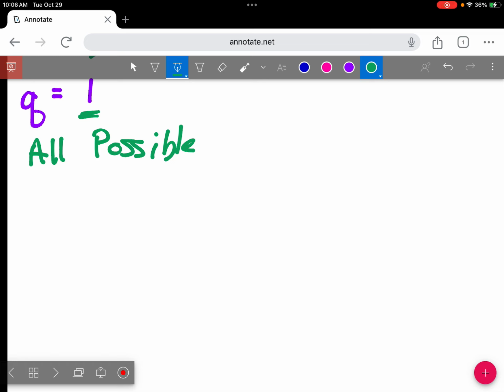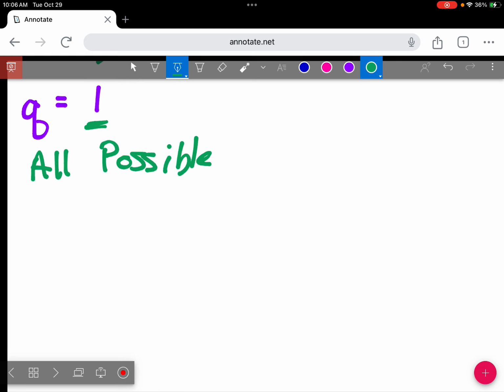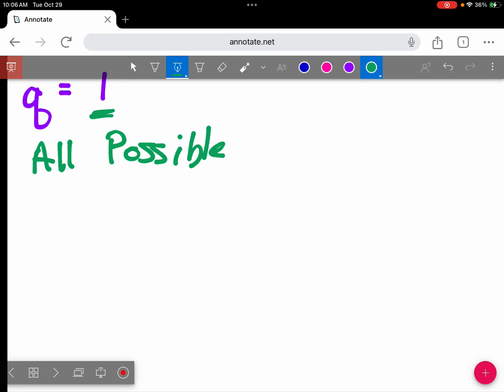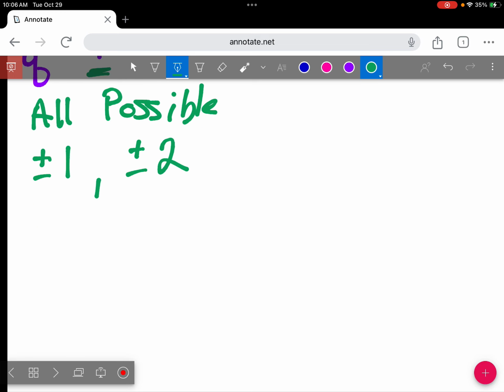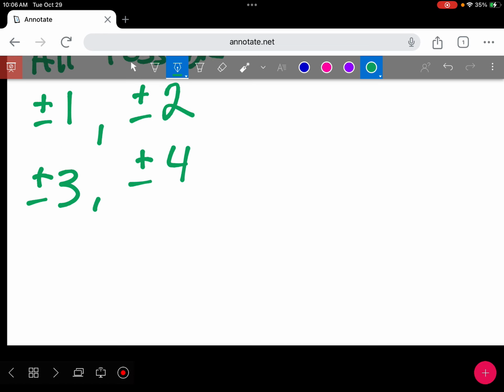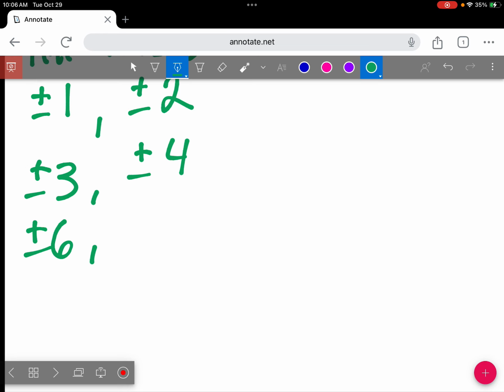Well, 1's only factor is 1, so it's really just our list of possible factors of 12. So what are the factors of 12? 1, 2, 3, 4, 6, 12. So plus or minus 1, plus or minus 2, plus or minus 3, plus or minus 4, plus or minus 6, plus or minus 12. Just keeping them to the side so they're visually not all across the page.